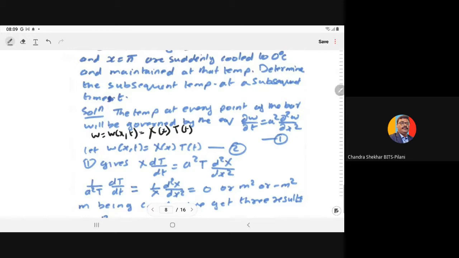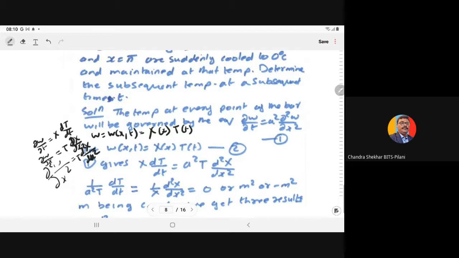From here, if you compute del W by del t, this will become X dT by dt, because W is a function of x and t, so we use the partial derivative, and capital T is an explicit function of small t, so we use the ordinary derivative. And del W by del x will become T dX by dx, and del 2W upon del x2 will become T d2X upon dx2.